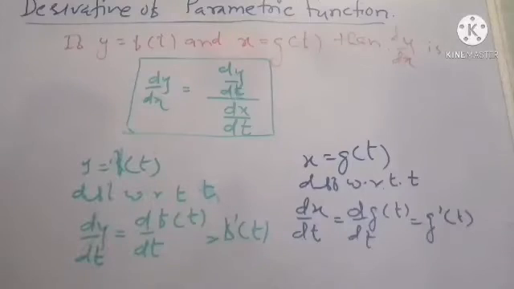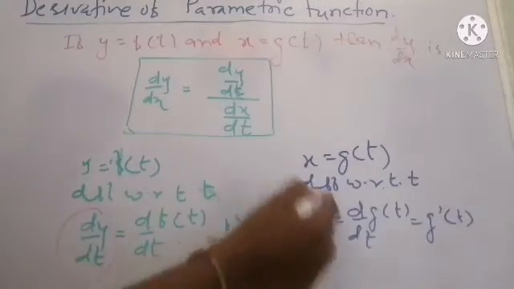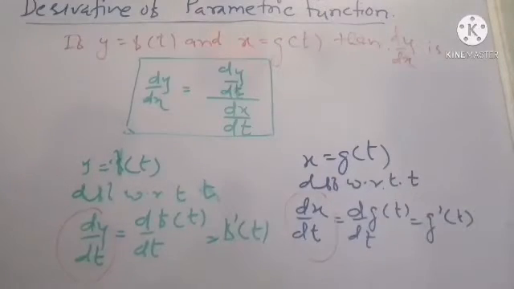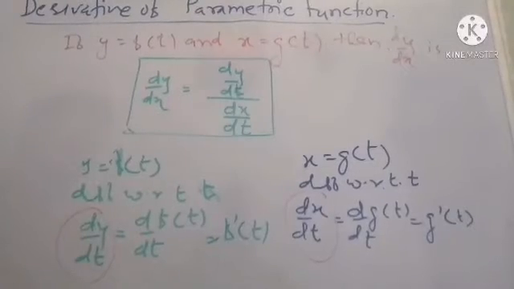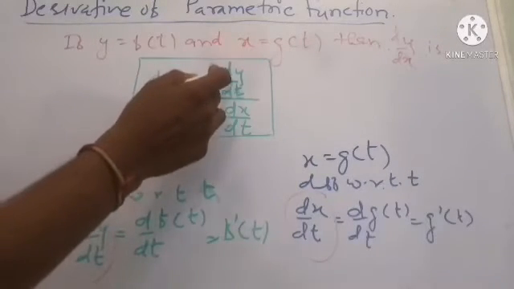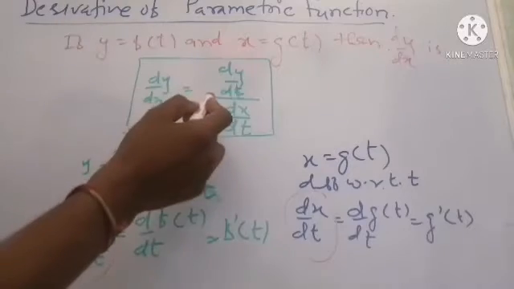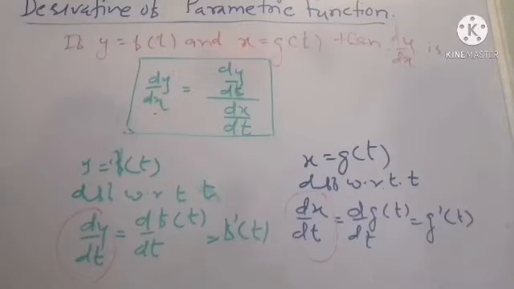That means we get dy by dt and dx by dt easily, but we have been asked dy by dx. So the derivative of a parametric function states that if y and x are functions of t, then the derivative of y with respect to x is equal to the derivative of y with respect to t divided by the derivative of x with respect to t.